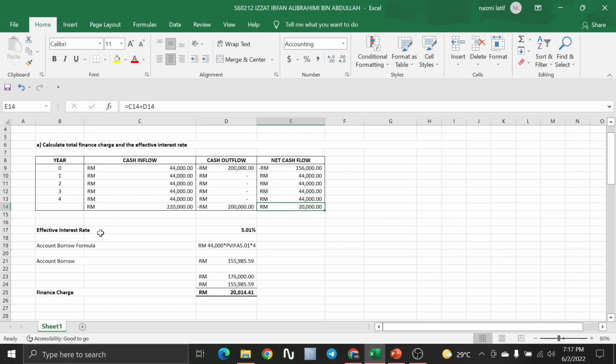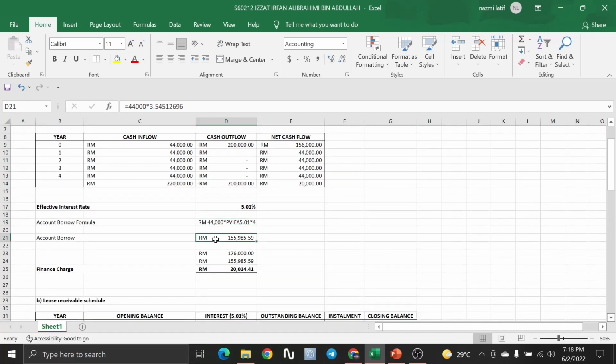Next, to calculate the effective interest rate, we just need to put the formula, which is equal IRR, and we take from year 0 to year 4, and then the answer is 5.01%. Next, we calculate the borrow formula. The borrow formula is RM44,000 times PVIFA 5.01 times 4, and then we can calculate the amount borrowed. RM44,000 times 3.54512696, this one.